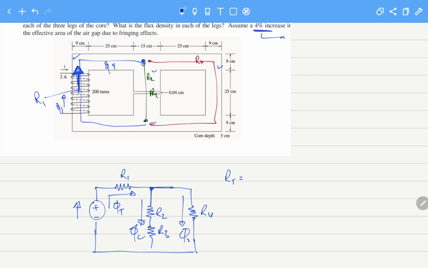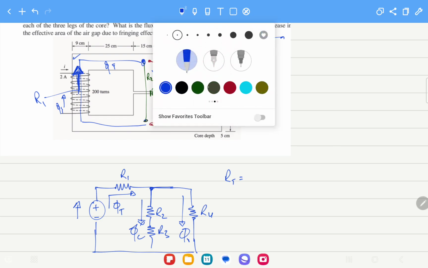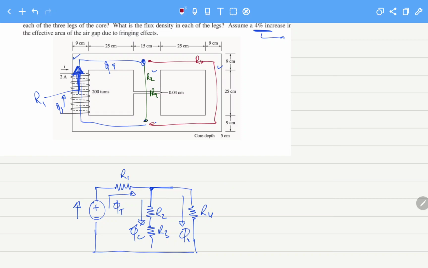Now to solve circuits like this, we know that these two branches, let's change the color. Let's make it a simple circuit for two parallel resistances R1 and R2.